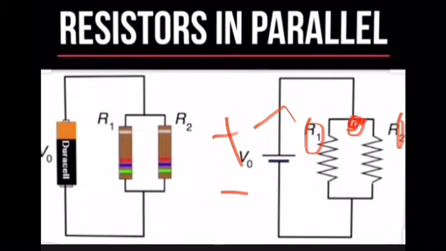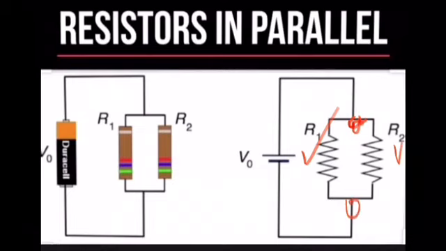When the current splits up at this point, the current will be different for R1 and different for R2. Then the split current will join again here.